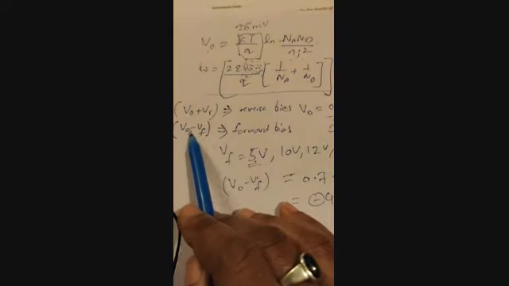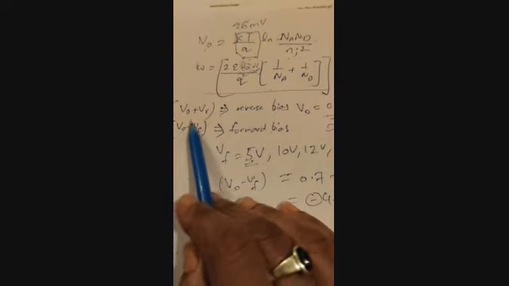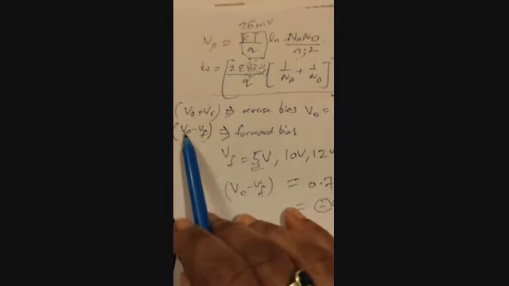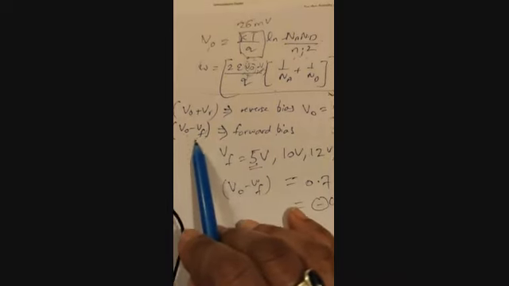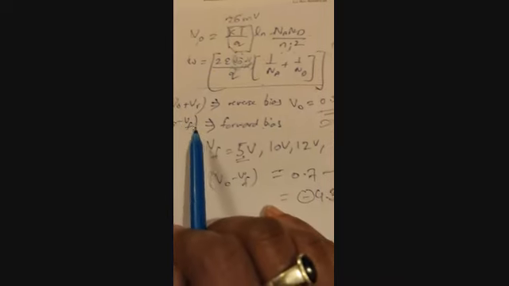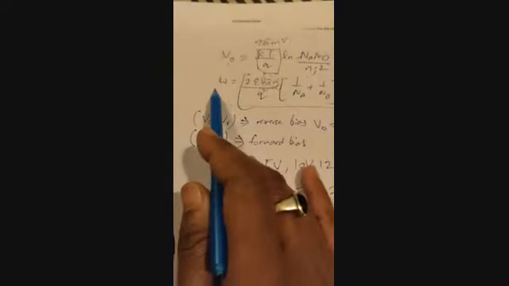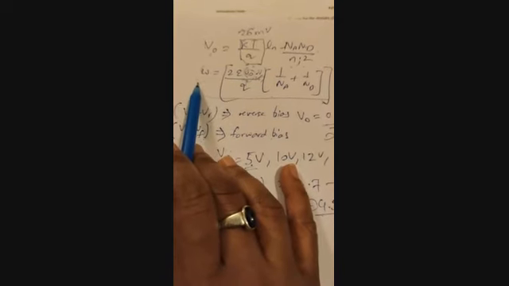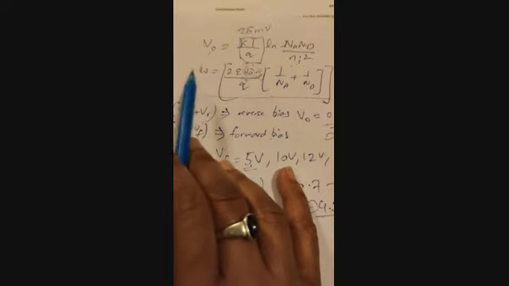So V naught 0.7 minus Vf, where Vf is 5 volt, gives 0.7 minus 5, that is minus 4.3 volt under the root, which means this situation is not possible. This expression is only for the no biasing situation or reverse biasing.